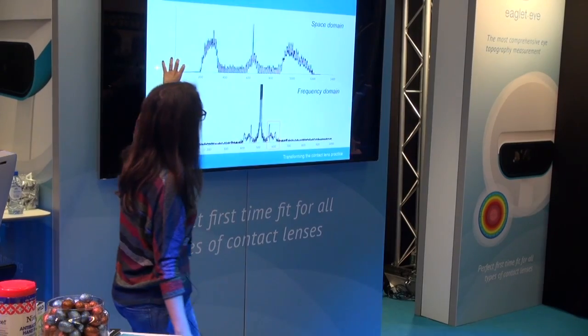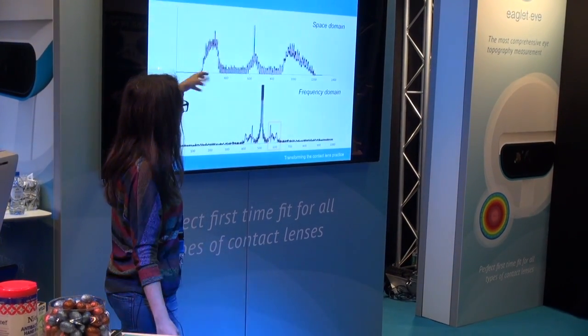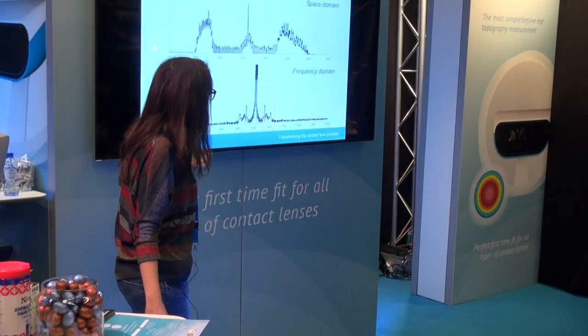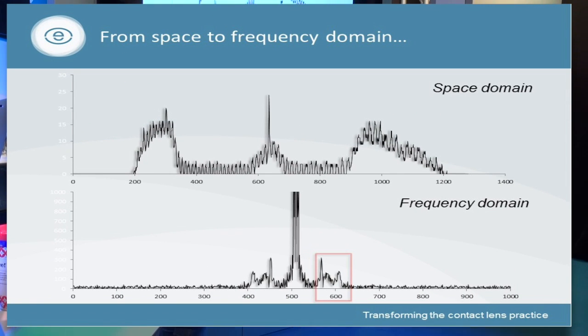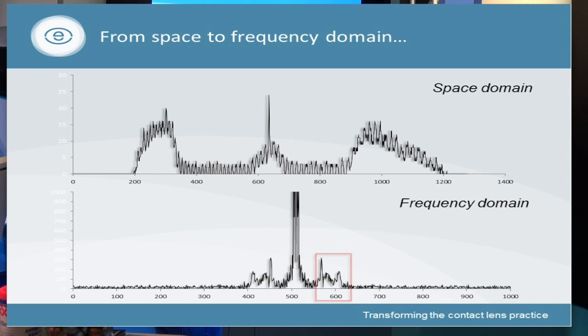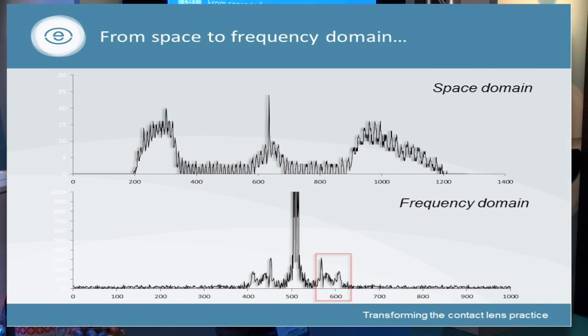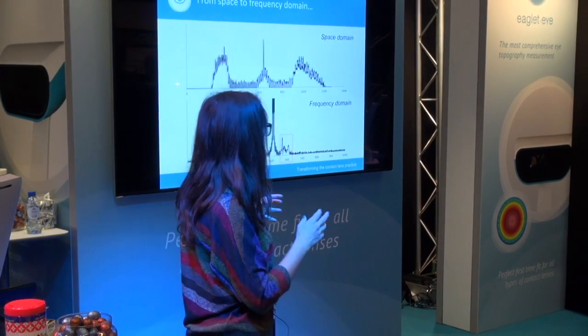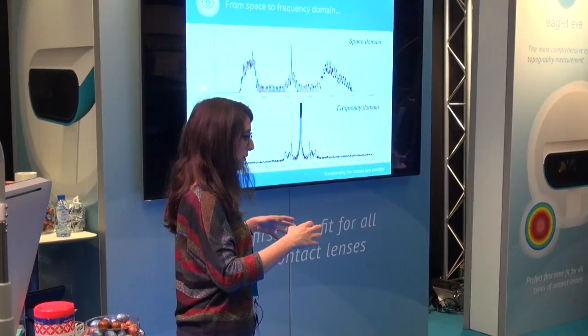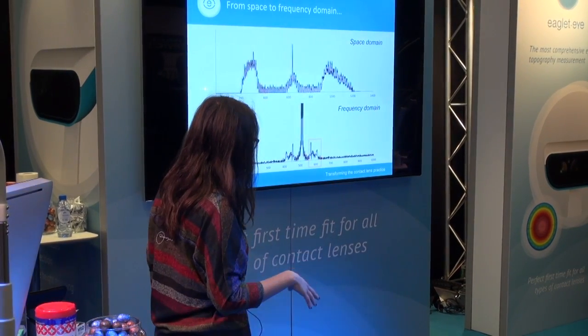This is the space domain, which doesn't tell us much, but if we change to the frequency domain using the Fourier transform, the spectra gets much easier to analyze, even though it's not straightforward or obvious. The peak in the center gives us important information, but somehow residual, not very related to the shape of the eye.